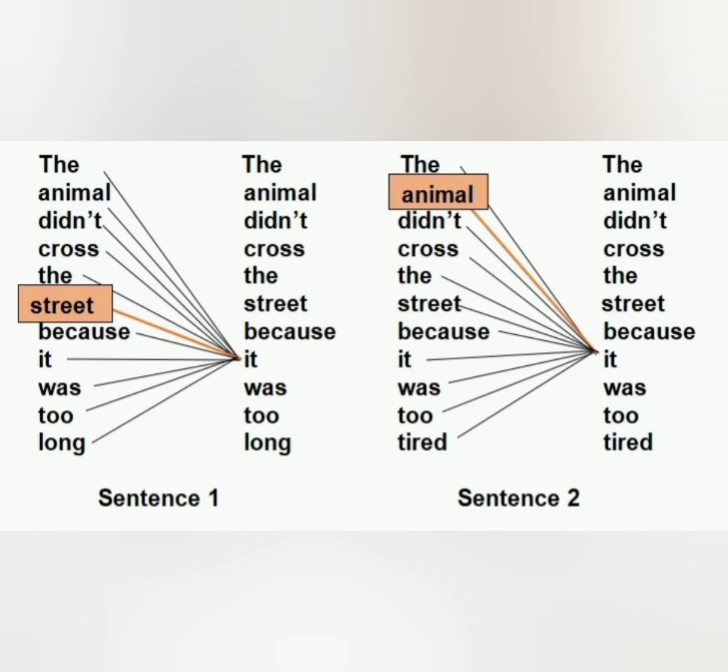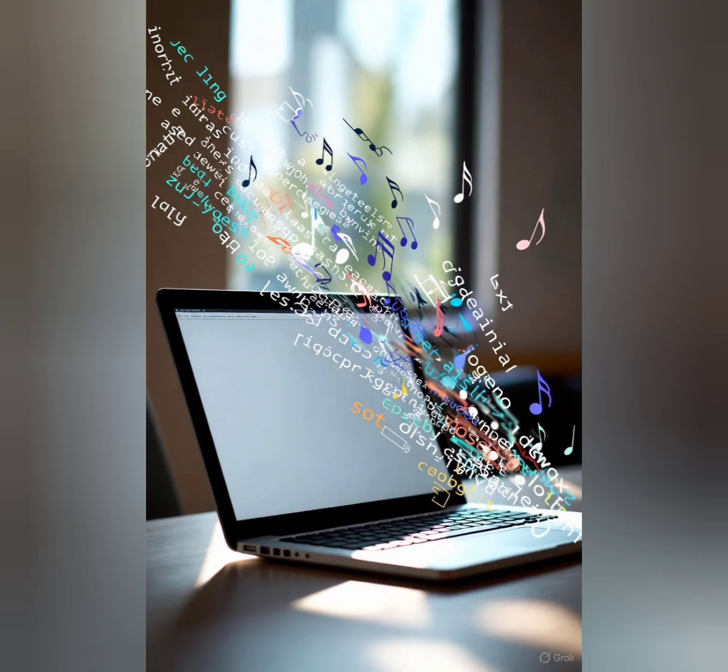So attention lets the words talk to each other, in simple terms. So unlike the older neural networks, a transformer uses attention to look at all the words at once and decide which ones matter more. And then it makes a better next word prediction. That's why transformers are so powerful. That's why ChatGPT works so well.